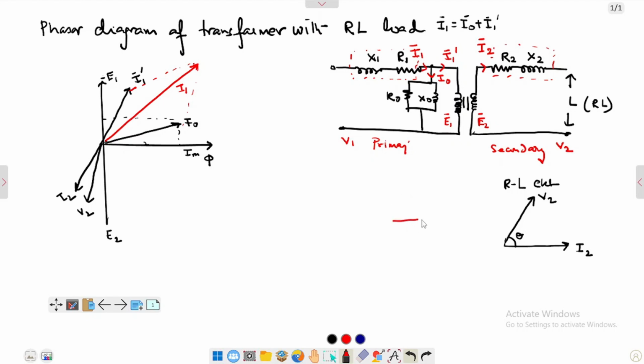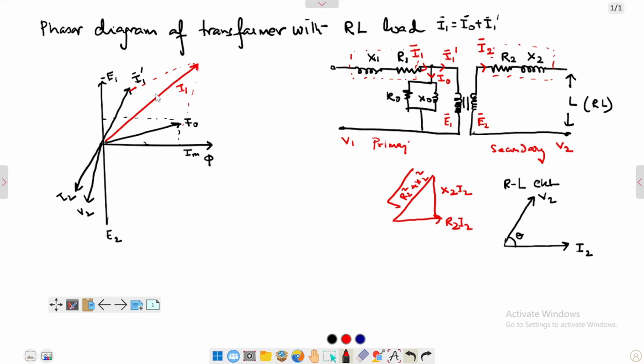So in this case, if this is my R2, this will be my X2, and this all will be the impedance, which is given by the square root of R2 square plus X2 square. If I multiply this with I2, I get the voltage drop. Now see, if E1 is here, if I add this voltage, then I get V1.